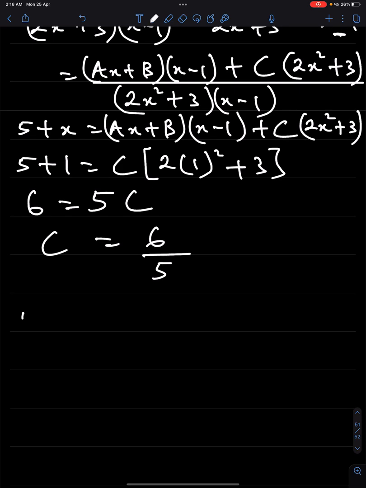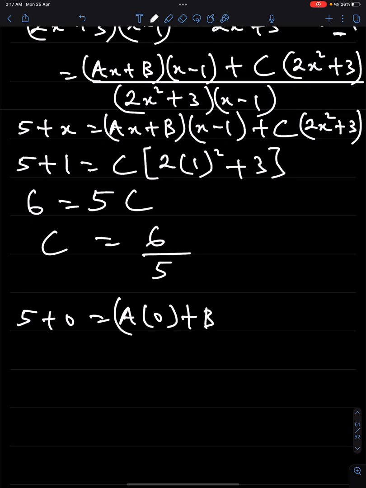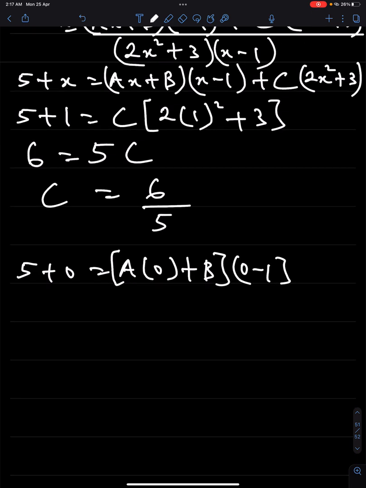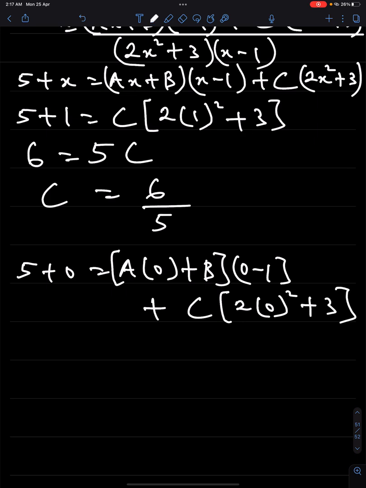That means 5 plus 0 equals a times 0 plus b times 0 minus 1 plus c into brackets 2 times 0 squared plus 3.